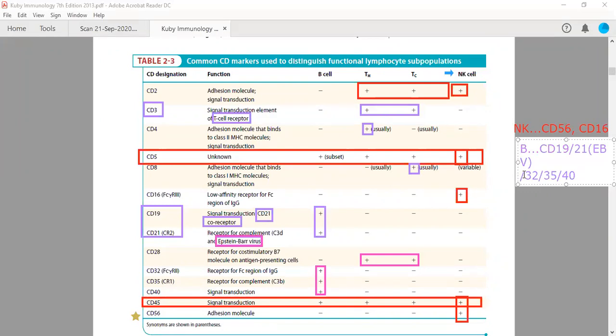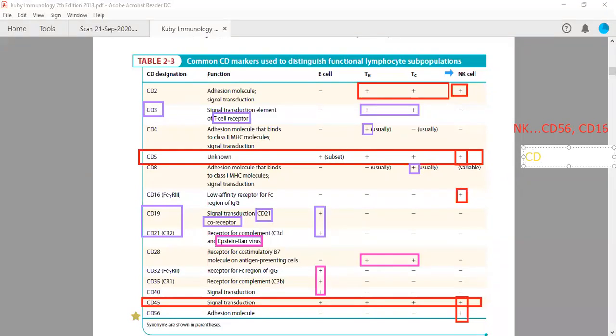Oh no, it is not visible actually. Sorry, this color is not very visible.